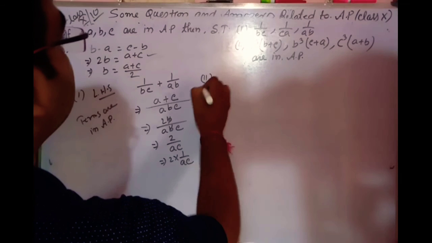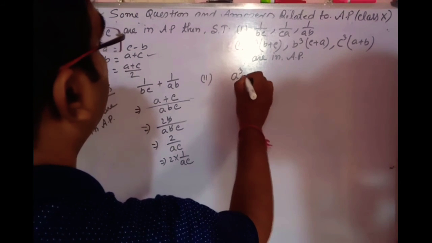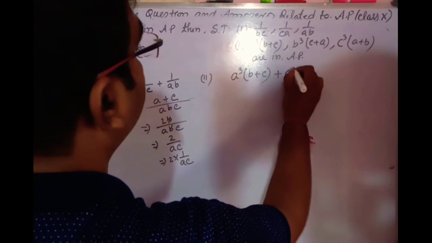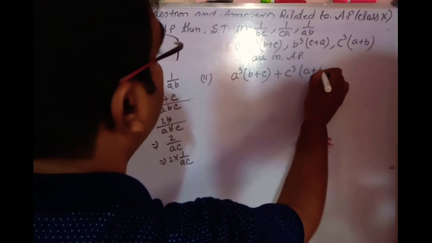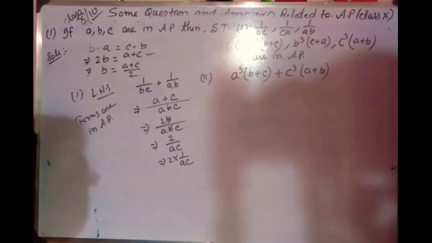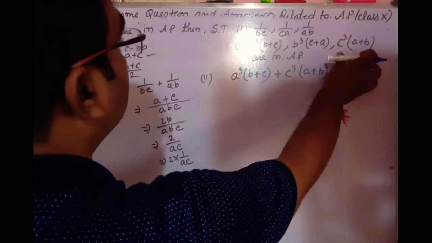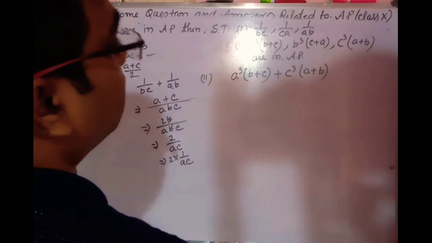Next, the second question, A cube into B plus C plus C cube into A plus B. In an arithmetic progression, if we take three consecutive terms, then the sum of the first term and the third term is equal to twice the middle term.